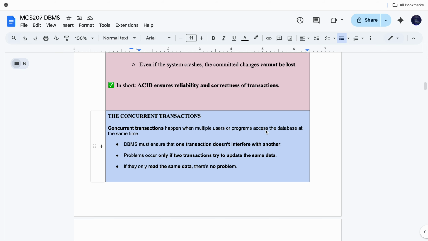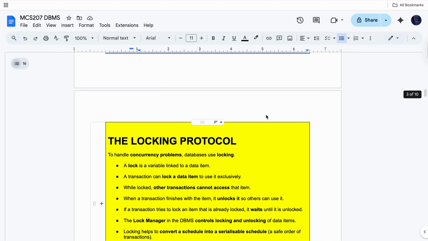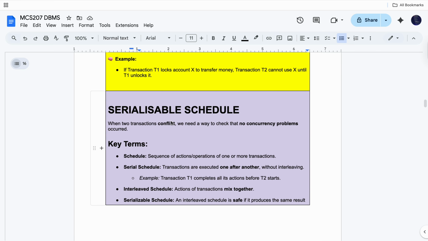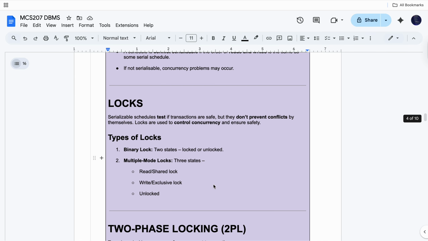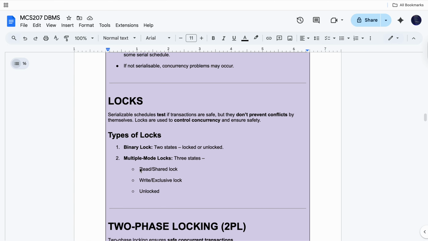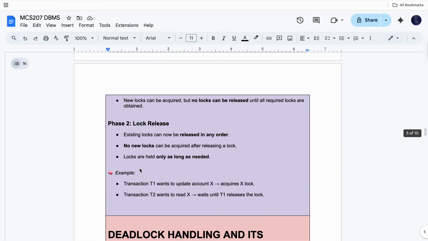Concurrent transactions happen when multiple users or programs access the database at the same time. The locking protocol handles concurrency problems in a database using locking. Serializability: when two transactions conflict, we need a way to check whether a concurrency problem occurred. Serializable schedules test if transactions are safe, but they don't prevent conflict. Two-phase locking.